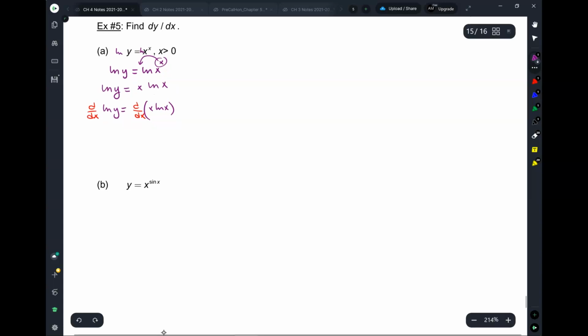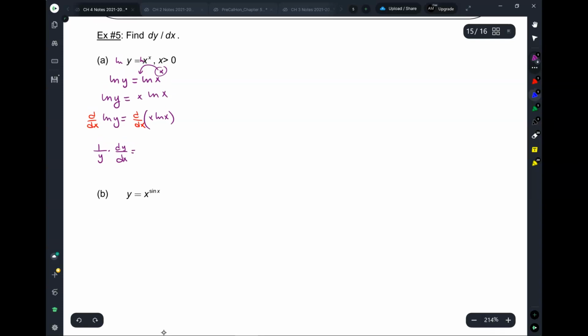Derivative of ln y is 1 over y times dy dx equal to... Here, we're going to do product rule. So, u is x, v is ln of x. u prime is 1, v prime is 1 over x.